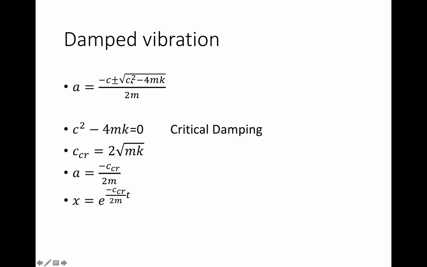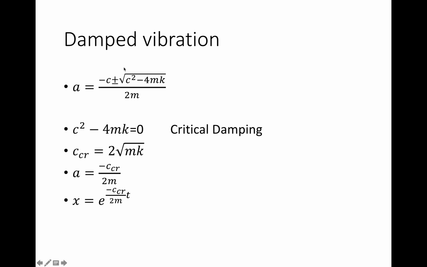We define when this part C equals 0, this kind of damping factor here, as the critical damping case. So in the critical damping, C squared minus 4mk equals 0. Thus, the critical damping C becomes 2 square root of mk by putting the 4mk on this side of the equation.